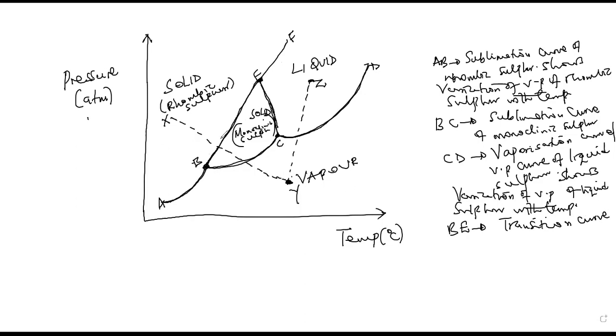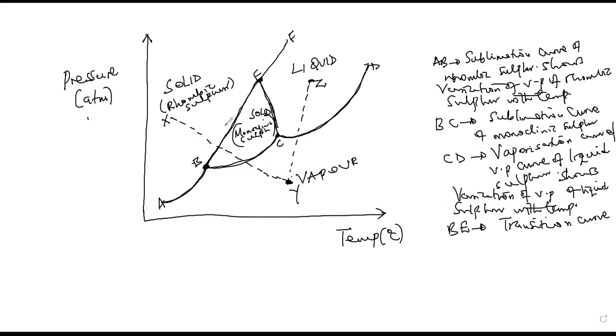And what happens on the transition curve? It shows the effect of pressure on the transition temperature, being 96 degrees Celsius. So it shows the effect of pressure on the transition temperature between rhombic sulfur and monoclinic sulfur.